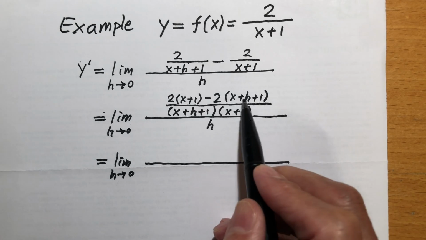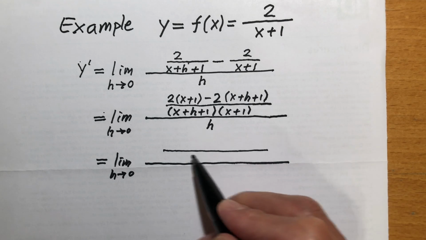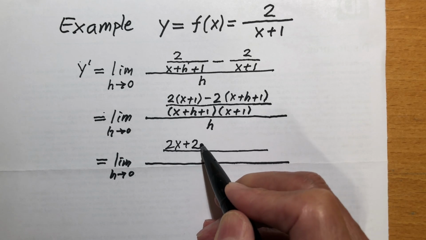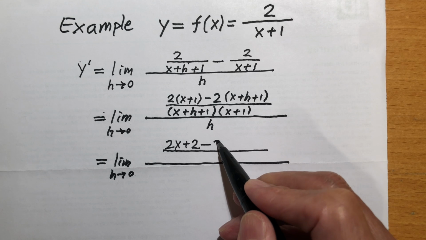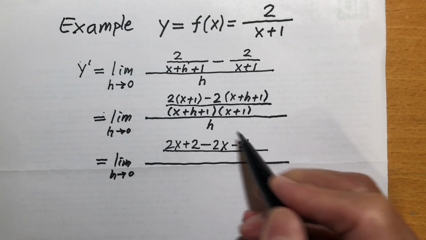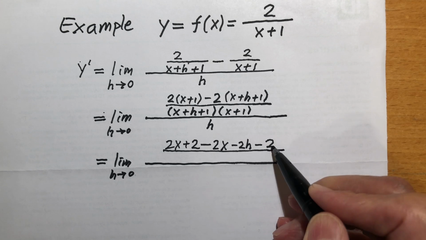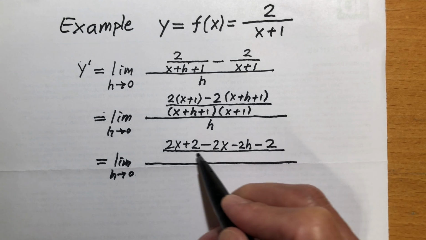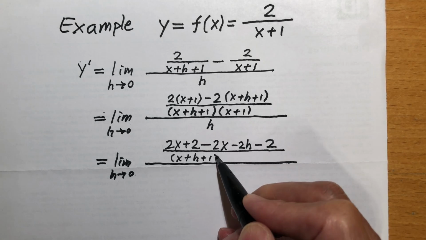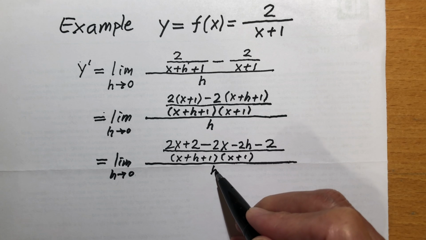Let's simplify the numerator. 2x plus 2 minus 2x minus 2h minus 2. Over x plus h plus 1, x plus 1, and h here.